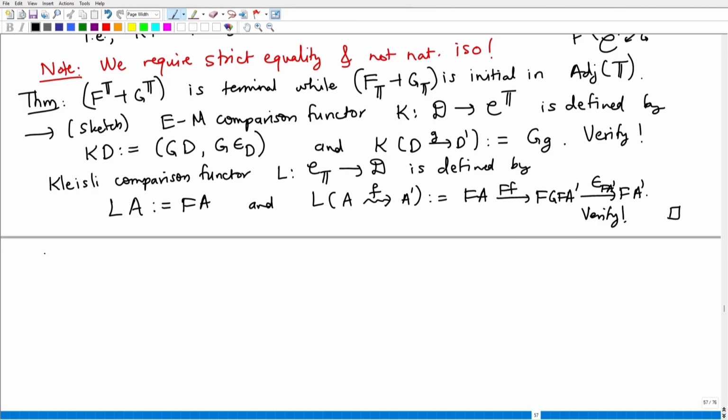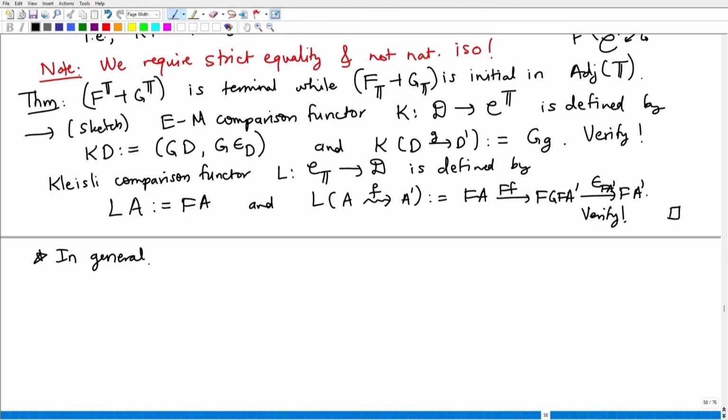So in general, this minimalistic construction doesn't allow passage of a lot of things. So therefore, in general, C^T has few limits, even if C has.